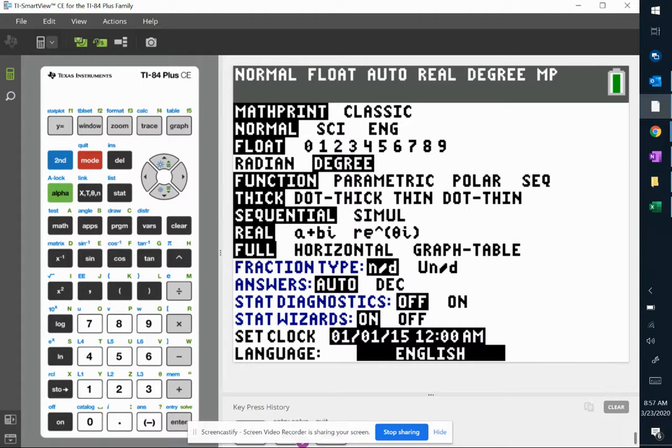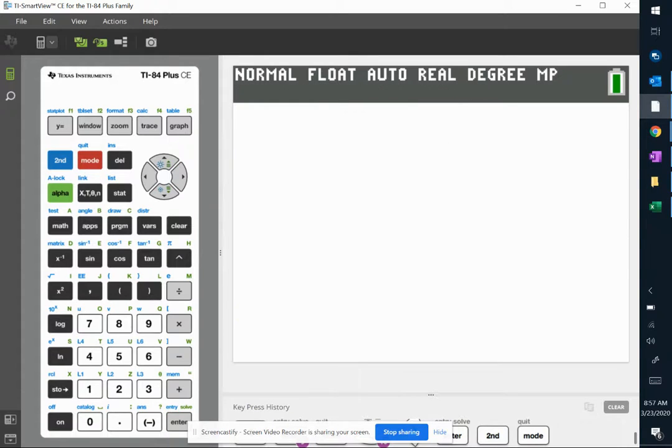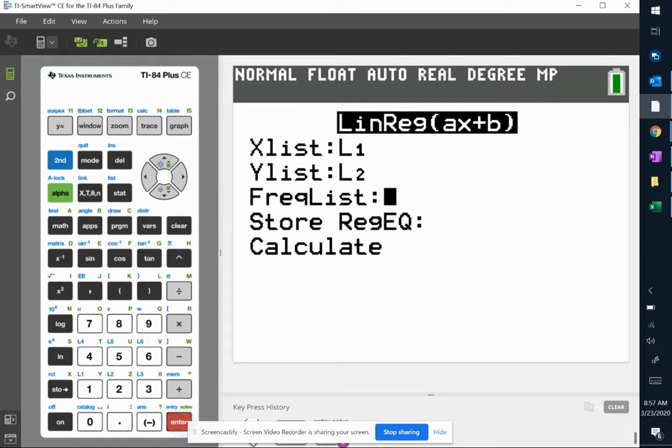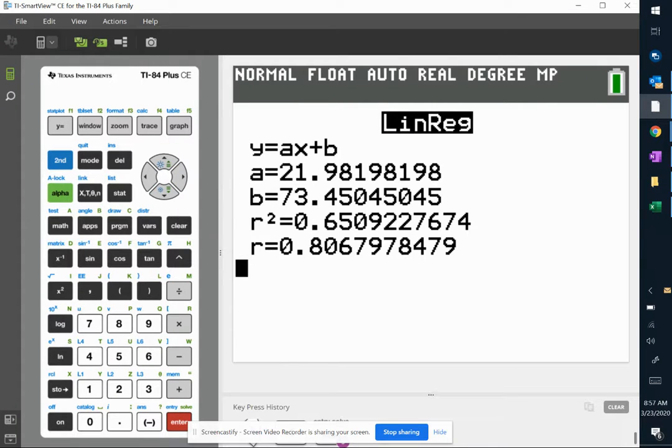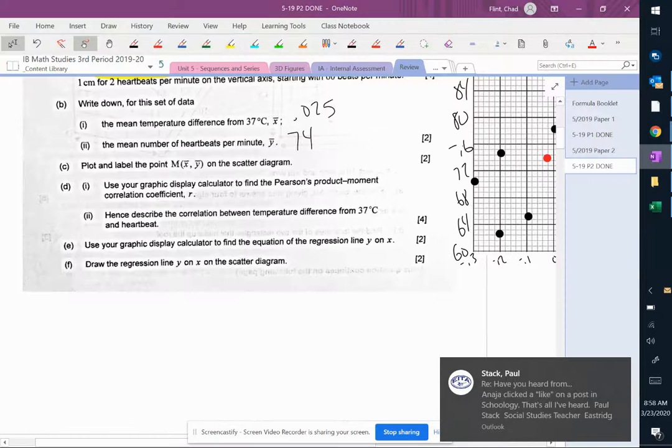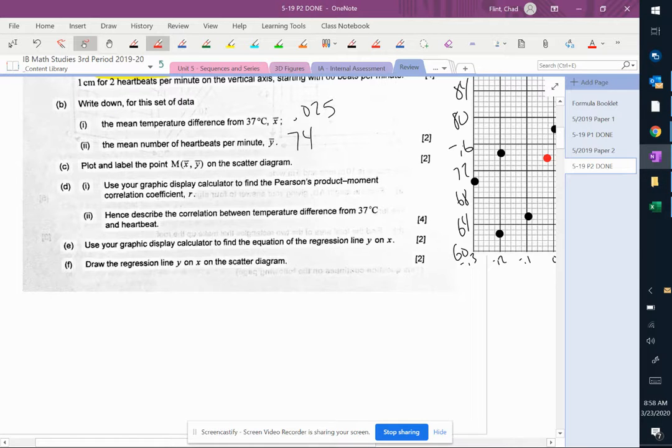And stat diagnostics are off there, so I got to go back down to stat diagnostics, turn them on, and then go back to stat, calculate. Pearson's product coefficient is at the bottom there, so 0.8067. So 3 significant figures, 0.807. That is a strong positive.